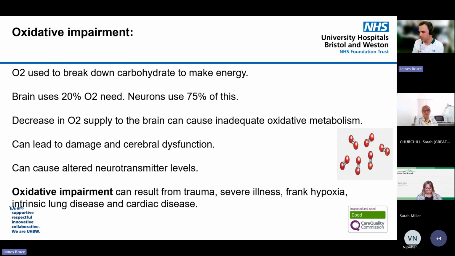This can result from trauma, severe illness, frank hypoxia, intrinsic lung disease, and cardiac disease as well. Frank hypoxia is a big one in the literature, so if you have somebody who's admitted with that, think about hypoxic results.